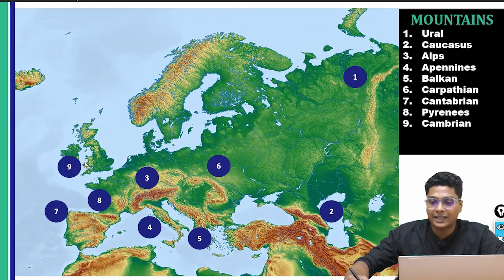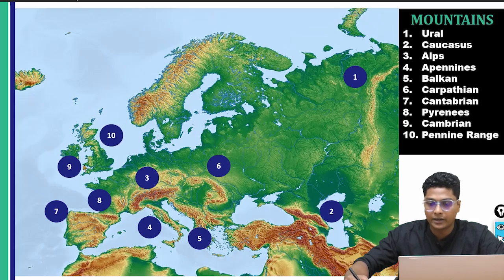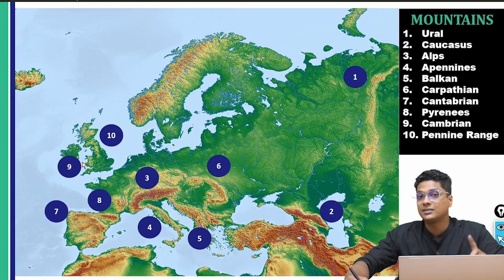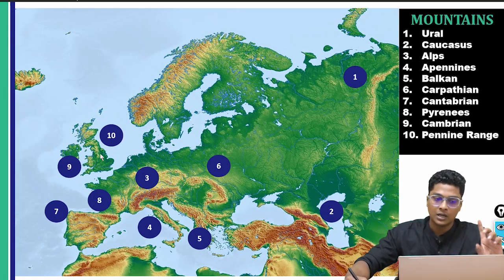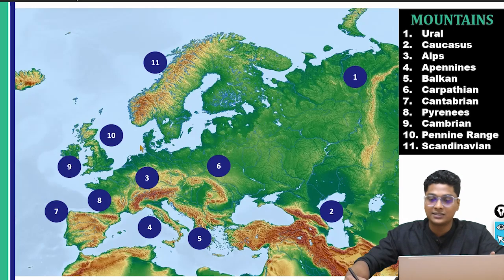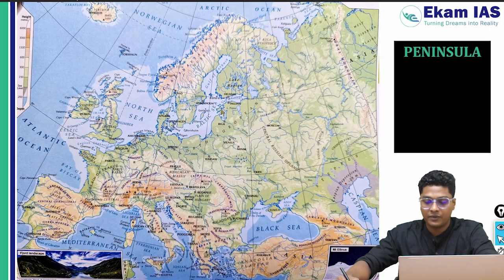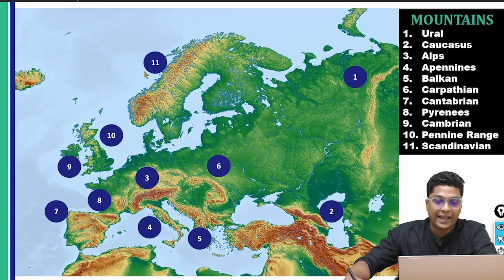One is the Cambrian Mountains, and the Pennine Range, which I didn't mention earlier. The Cambrian Mountain Range is in Wales, part of the UK itself. But in the central region here, we can see the Pennine Mountain. Then we can find the Scandinavian mountains here as well.